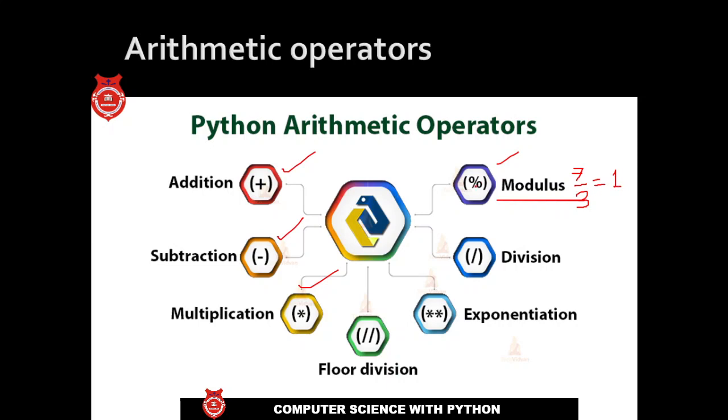That is modulus. Division, I hope you know. And exponentiation: for example, 2 to the power 3 means 2 into 2 into 2, which is 8. This is the exponentiation sign.